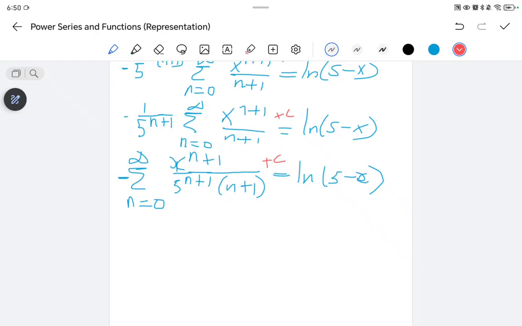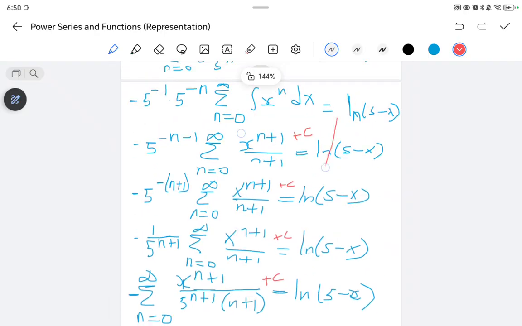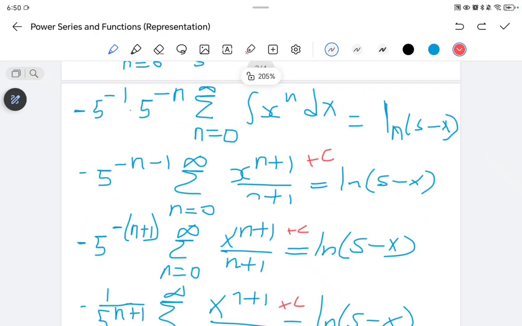Yeah, we do get the plus c also from here. So we're going to take this plus c. We all know where this plus c is coming from, right? So don't be shocked when you come across such questions. This plus c is coming from this integration. Then now we need to find what c is. So the question is, how do we find c? Anyone who can tell us?